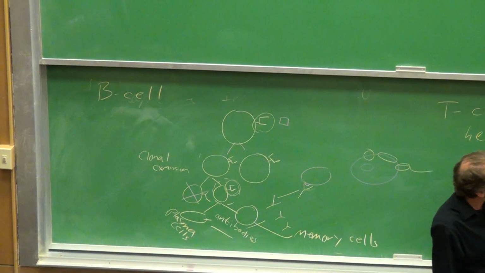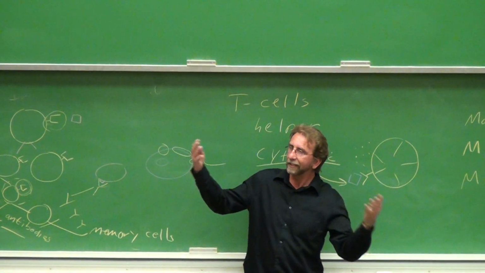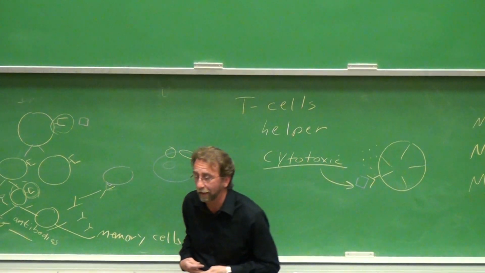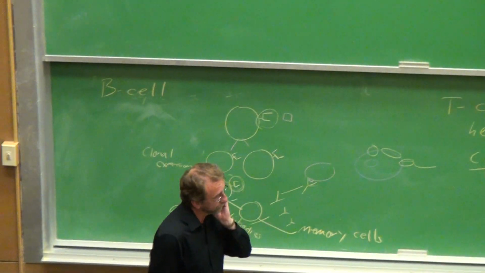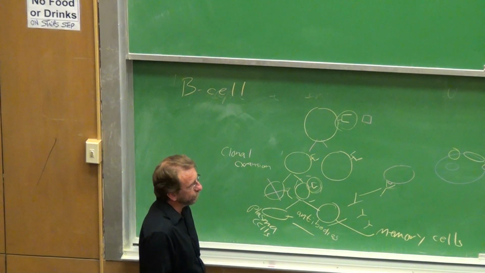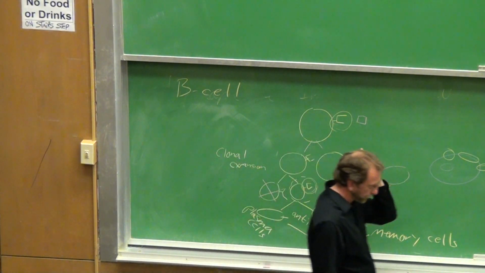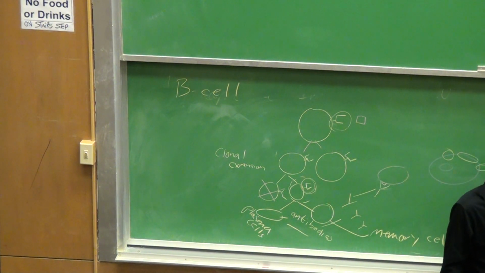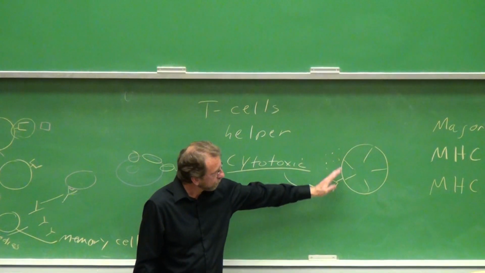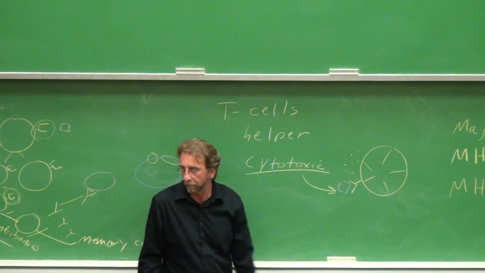Essentially what happens inside the cell is the lysosomes that have all the digestive enzymes start releasing them from the inside. So the cell is digested from within, preventing any viruses or bacteria from being released into the environment. Cytotoxic T cells essentially go around sampling our cells for the presence of infection.